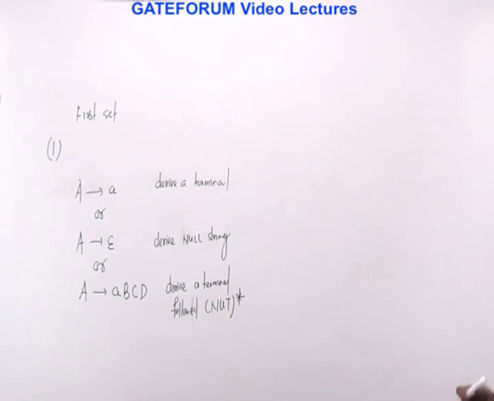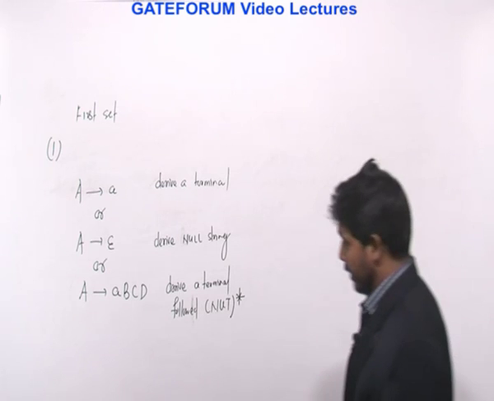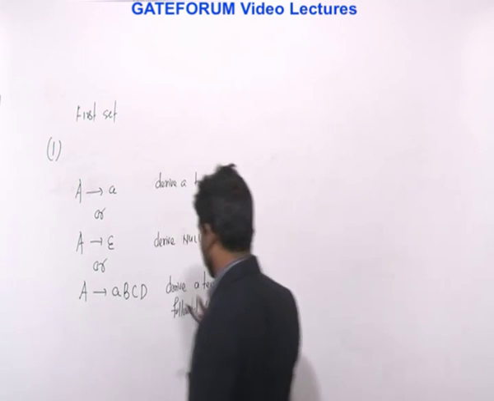So either you derive a terminal, or epsilon, or a terminal followed by anything.